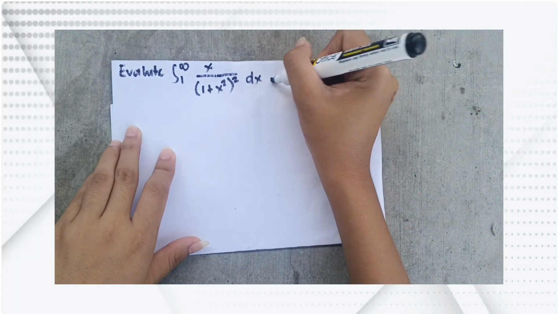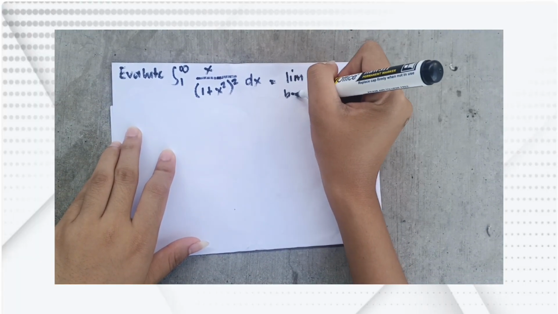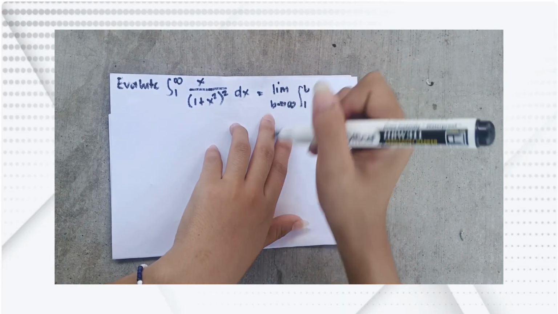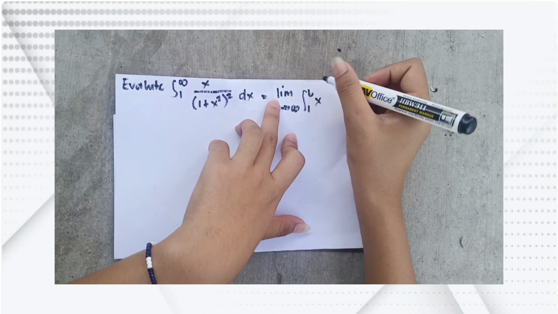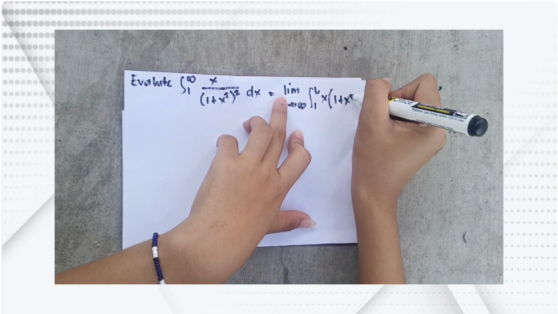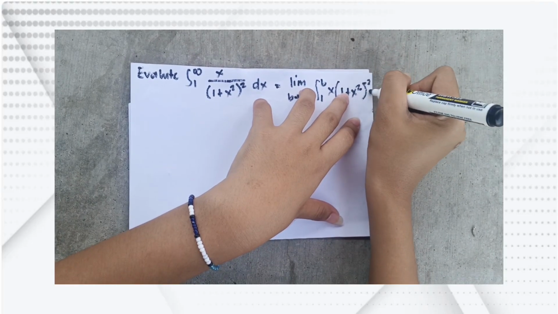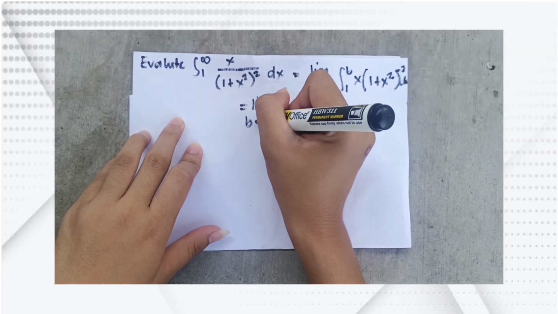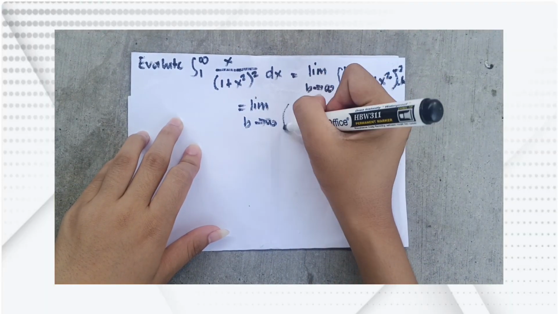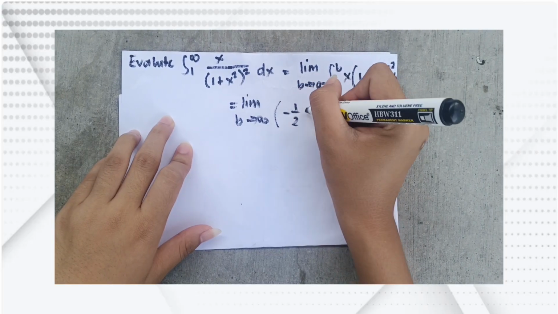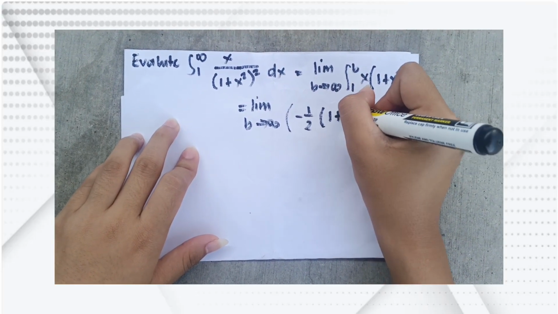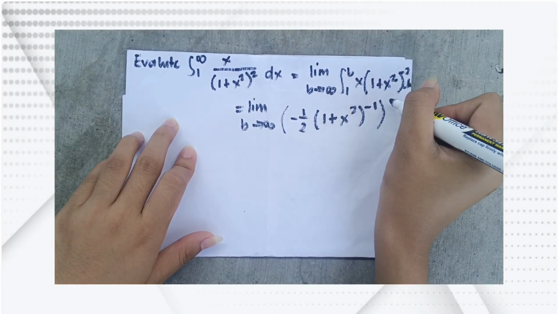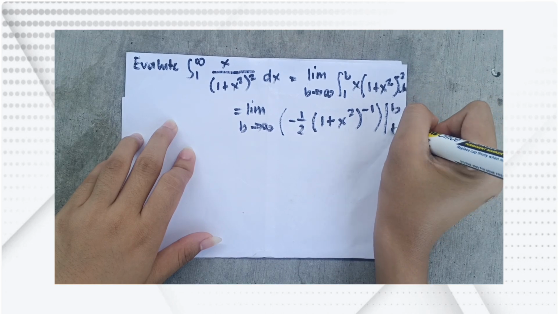So we have the limit as b approaches infinity of the integral from 1 up to b of x times 1 plus x squared raised to negative 2 dx, which is equal to the limit as b approaches infinity of negative 1/2 times 1 plus x squared raised to negative 1, from 1 up to b.